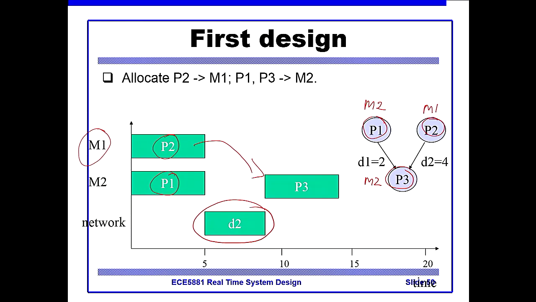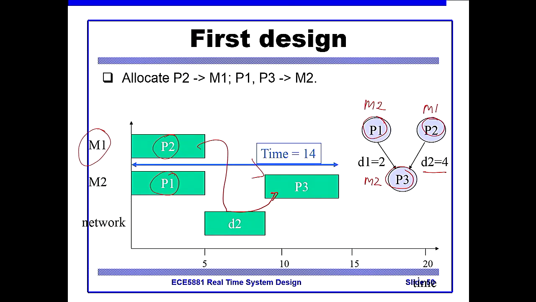D2 is 4 units of time, so we have to transfer the results of P2 to P3 via the bus. So the net result is it all takes 14 units of time. And that's good because we have exploited the fact that P2 runs in 5 units of time on M1, which is the best.